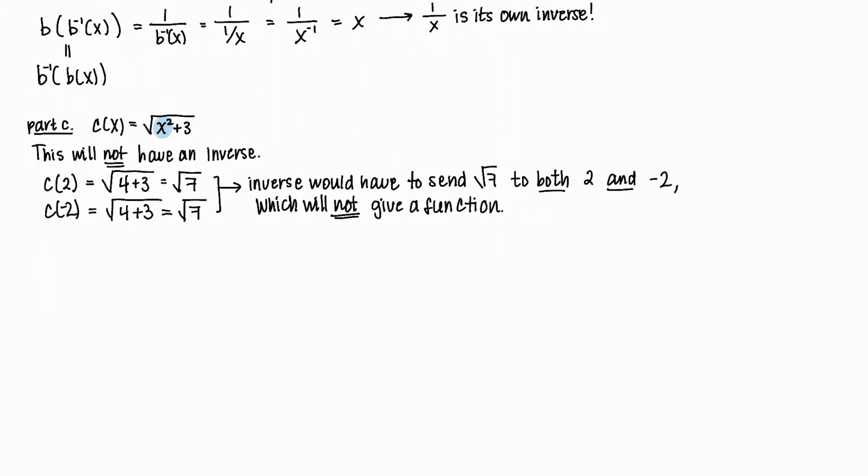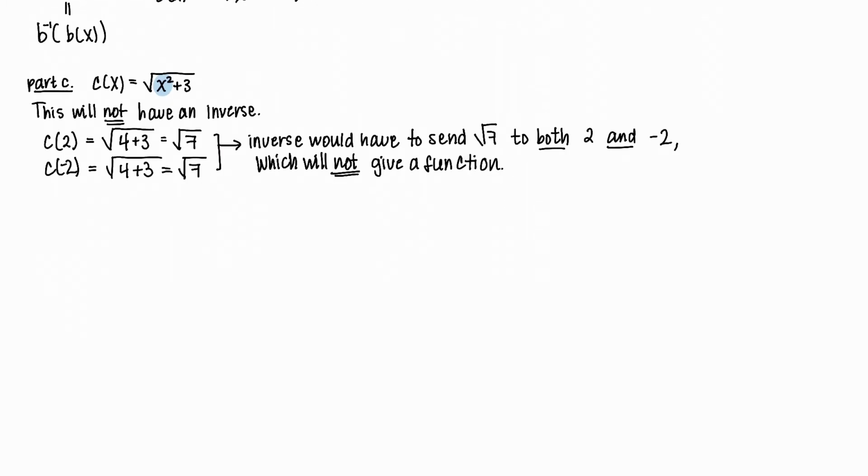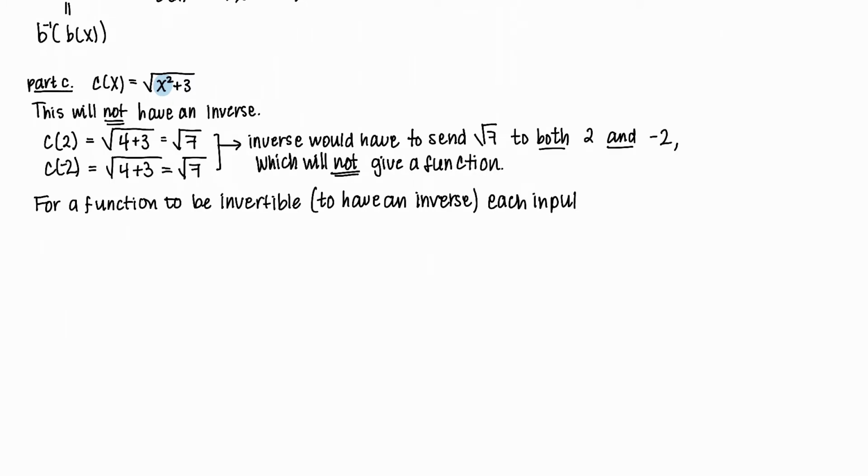But the important thing is that I need to make sure that, for a function to be invertible, or to have an inverse, each input must have a unique output. This makes it so that when I switch the input and output, I get something that's a function.